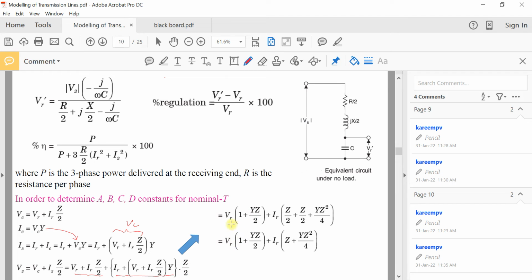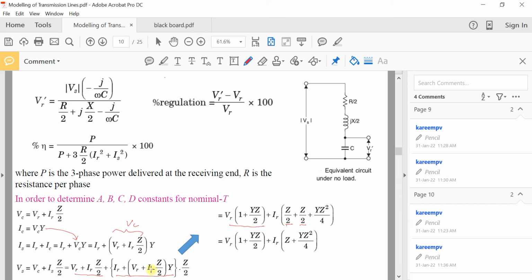That is how we are getting VR into 1 plus YZ by 2, combining this term and this term. Plus IR into, you have to find the coefficient of IR here. First you have Z by 2 here, and this IR into Z by 2 will come there.